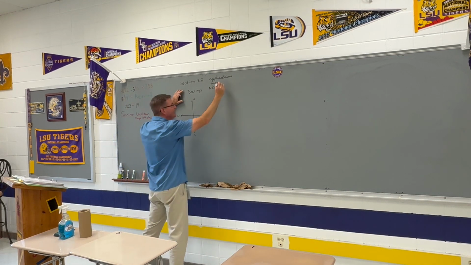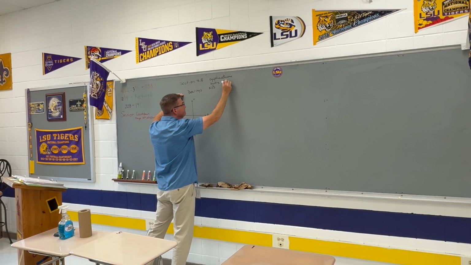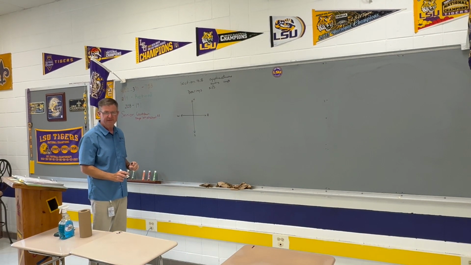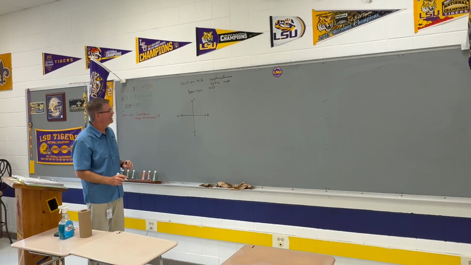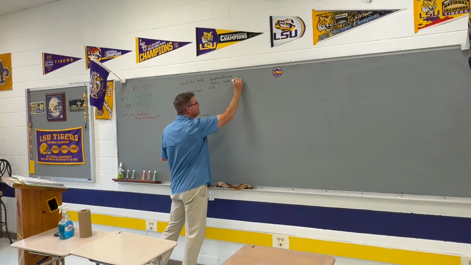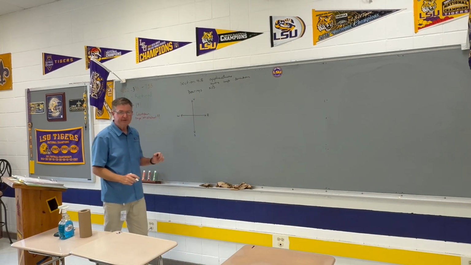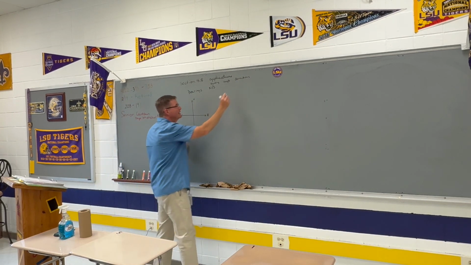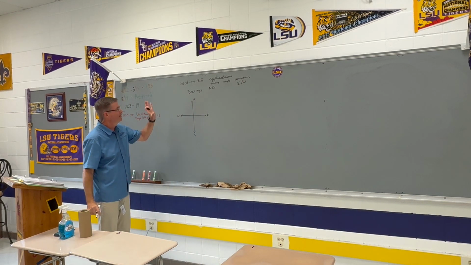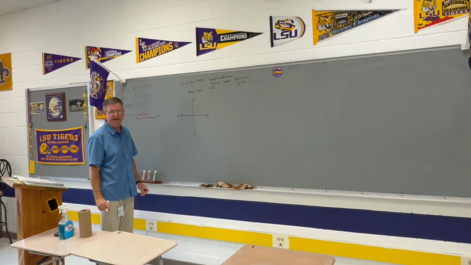Then we have an angle, and the angle is off of the north or the south. Then, after the angle, we have the direction, which is either left or right, or east or west. And together, all of that will make a bearing.